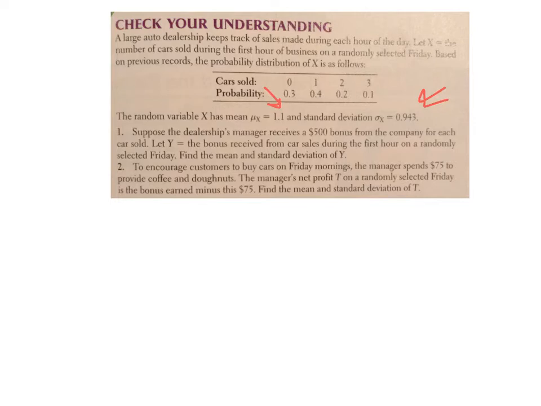Okay, and so part one here is suppose the dealership's manager receives a $500 bonus from the company for each car sold. Y equals the bonus received from car sales during the first hour on a randomly selected Friday.